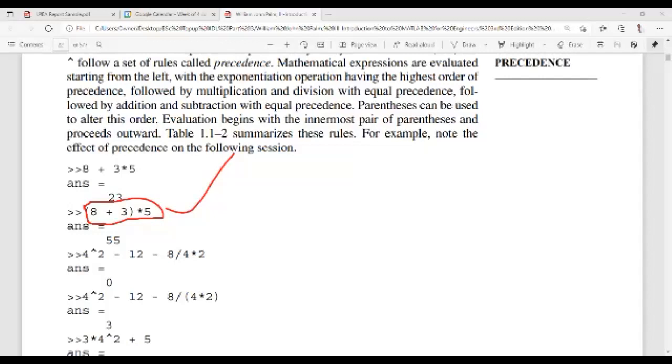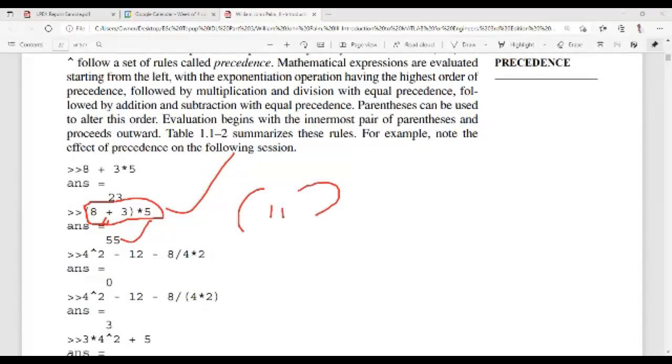Okay. So, if we check where I've marked the red, it's 8 plus 3. So 8 plus 3 will give us what? 11, right? We have 11. 11 times 5 is what? 55. So it means anytime you introduce brackets in MATLAB, it will do whatever is inside the bracket first.